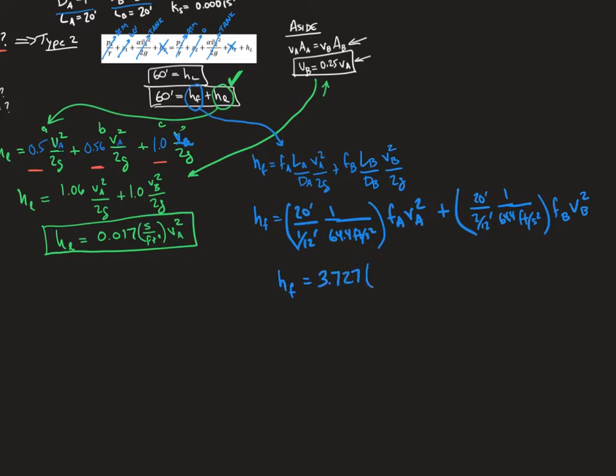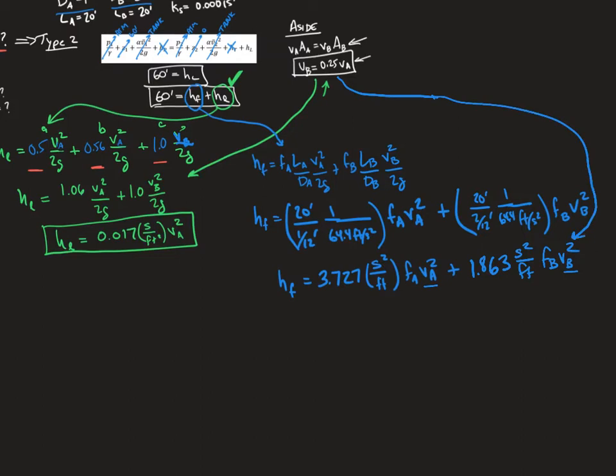We'll get HF equals 3.727, with units of seconds squared per foot, FA VA squared, plus 1.863, same units, seconds squared per foot, FB VB squared. Now once again, we don't like working with both VA and VB, so we're going to take continuity and plug it in for VB.